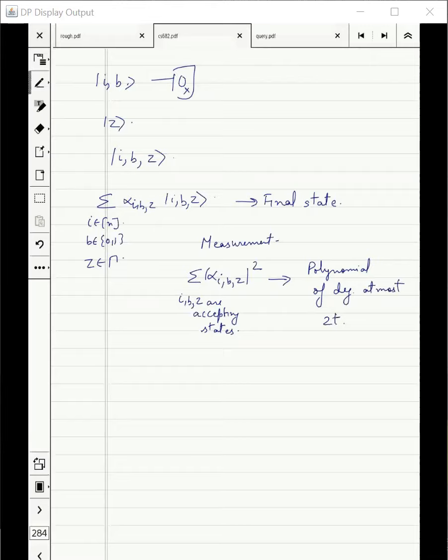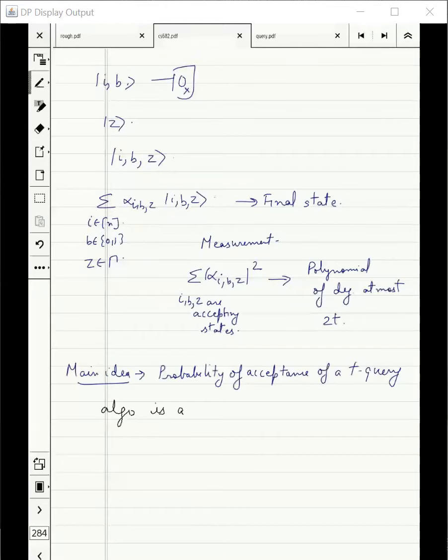Main idea directly implies that the probability of acceptance of a t query algorithm is a degree 2t polynomial in input variables.